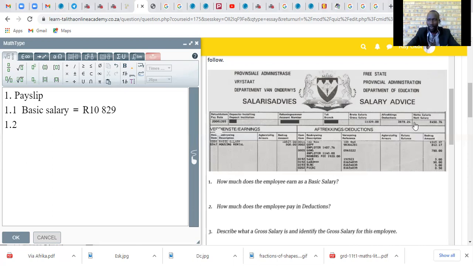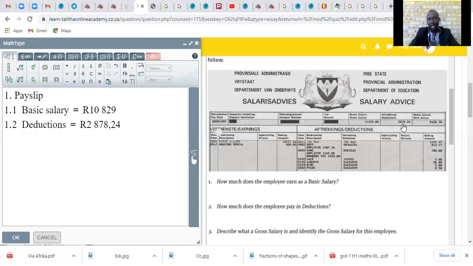Deductions are 2,878.24. So we say deductions equals 2,800 and 78.24. Yes, that is the total of all the deductions.